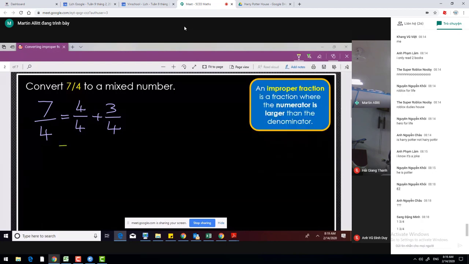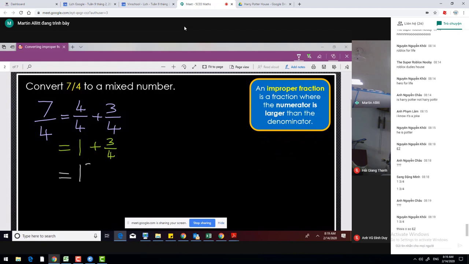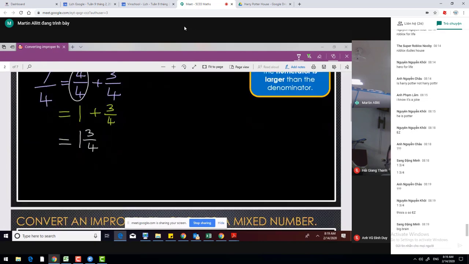So that is the same as 1 plus 3 quarters, because 4 quarters is the same as 1. So we can say that 7 quarters is the same as 1 and 3 quarters. Okay. So every time we have 4 quarters, that's the same as having 1.